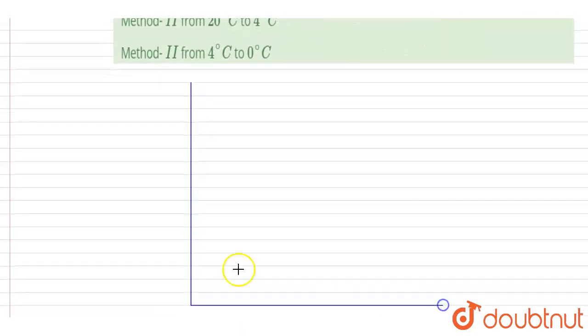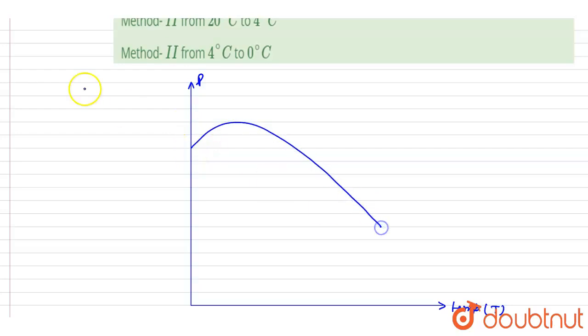At 4 degrees Celsius, if I say here, this is the density rho and this is the temperature T, so it will be maximum at 4 degrees Celsius.